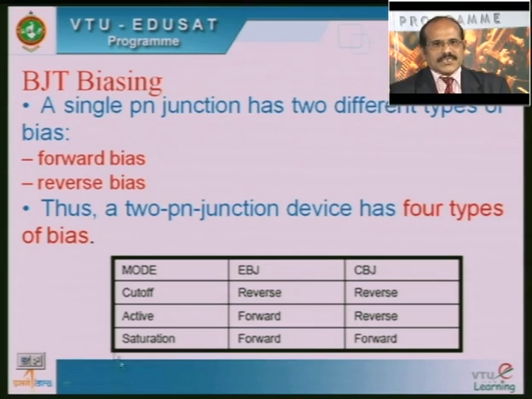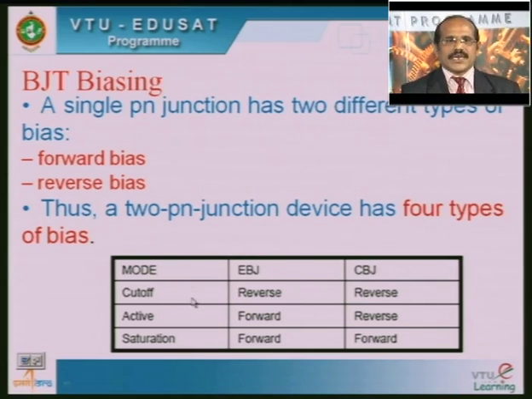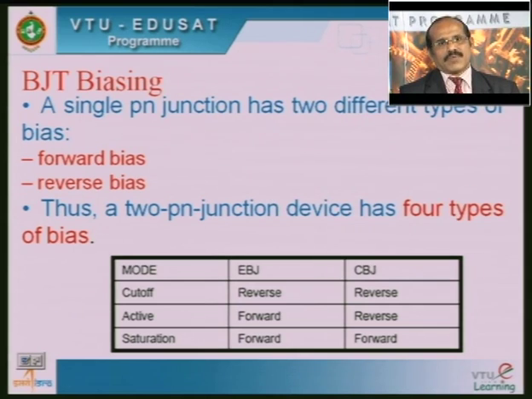In the saturation region, the emitter base junction of the bipolar junction transistor is forward bias, and the collector base junction is also forward bias. So the combination of this biasing decides where exactly the transistor is operating.